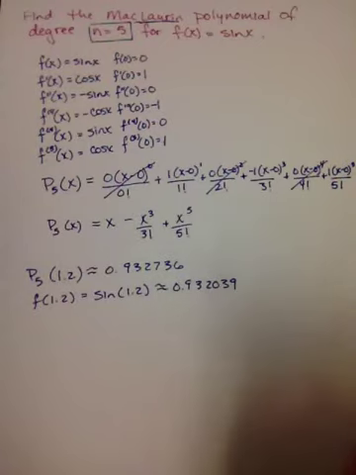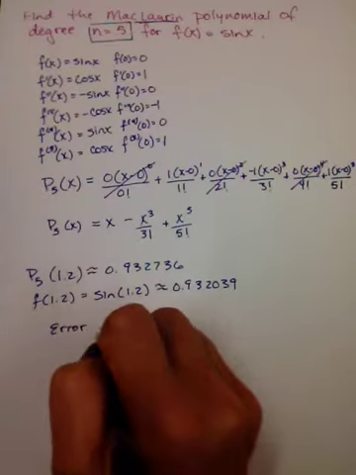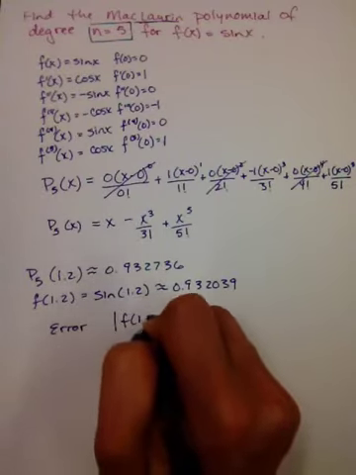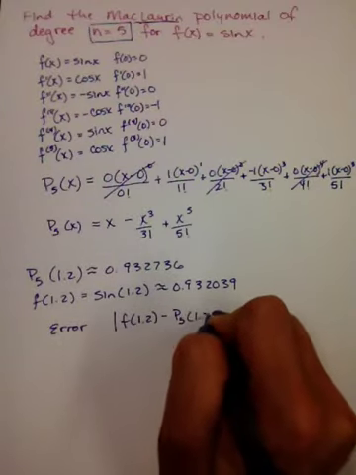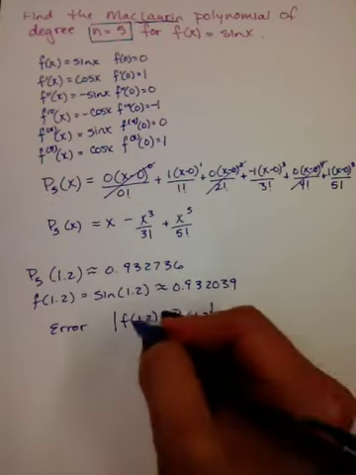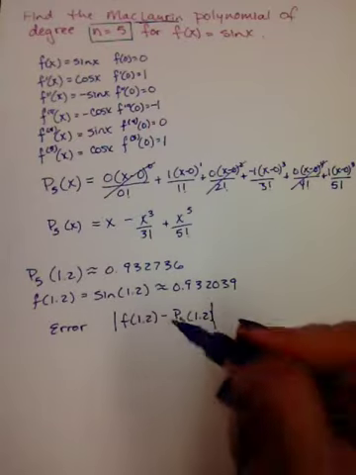So the difference between my estimate and what it actually is is called the error, and the error is symbolized by the absolute value of f of 1.2 minus P sub 5 of 1.2. And all this is looking at the difference between the two. The absolute value is there because we really don't care if we're off by a positive amount or a negative amount. We just want to know how much we're off by.